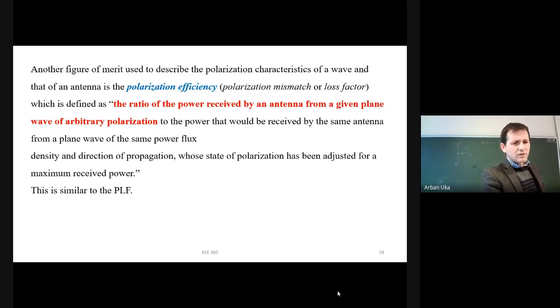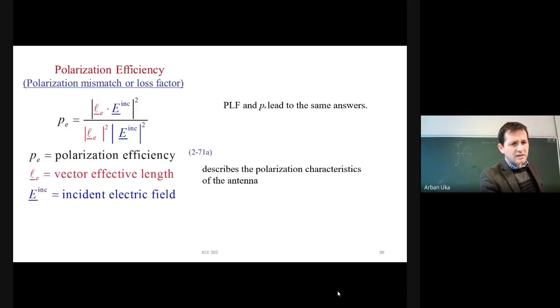Now, this polarization efficiency is very similar to the PLF that we discussed in the previous slides. It is equal to the magnitude of the vector effective length L dot product with the incident electric field E, squared, divided by L squared times the magnitude of E squared.